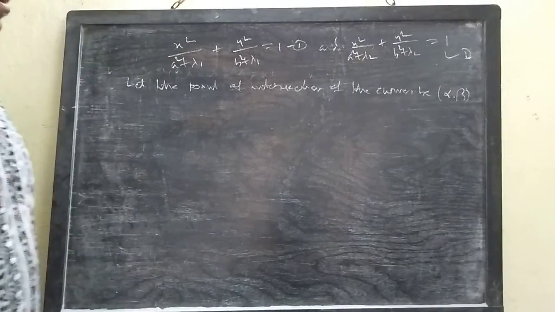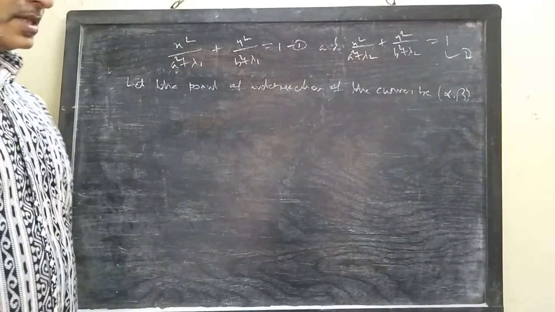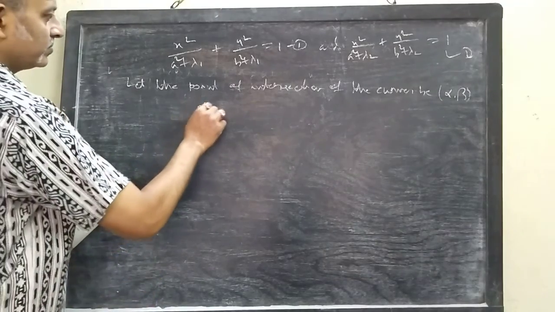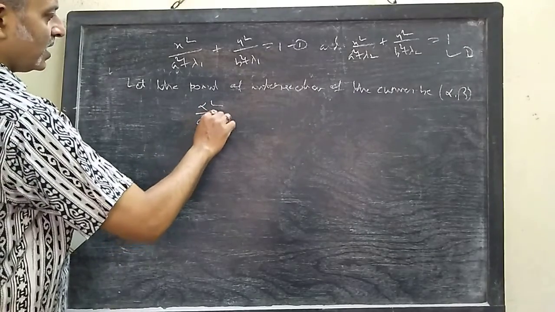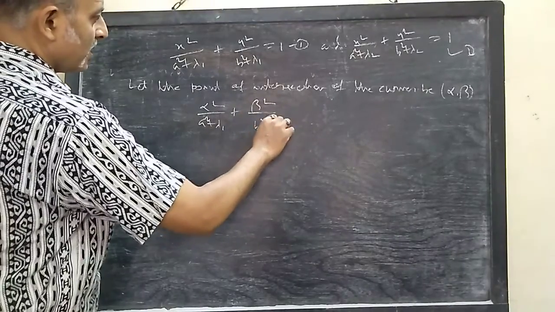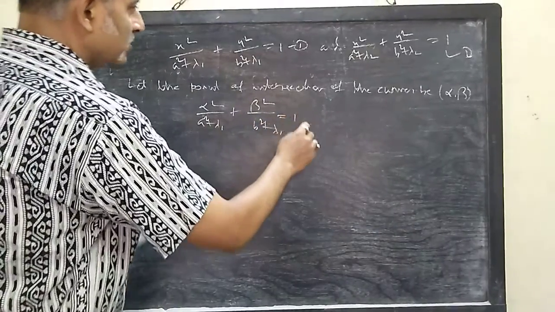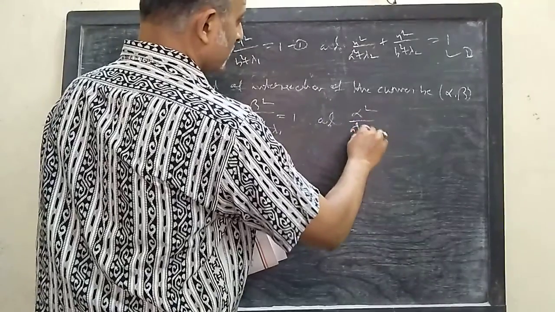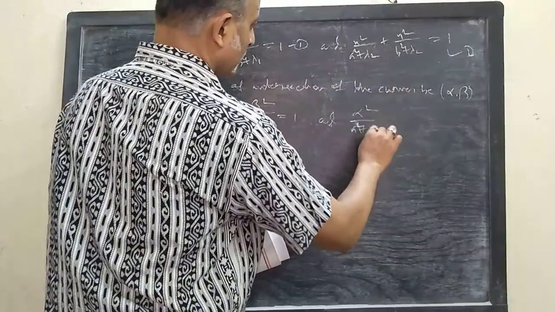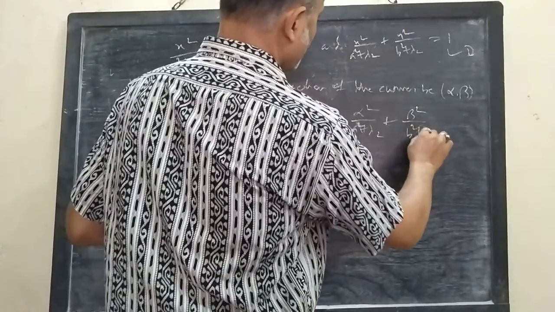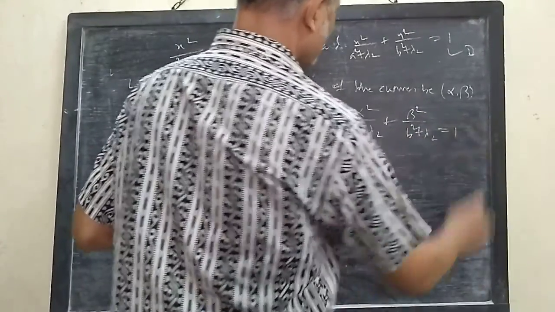Now, if alpha beta is the point of intersection of curves 1 and 2, then this point must lie on both the curves. So we have alpha square by a square plus lambda 1 plus beta square by b square plus lambda 1 equals 1, and alpha square by a square plus lambda 2 plus beta square by b square plus lambda 2 equals 1.